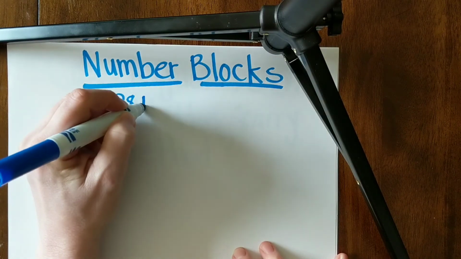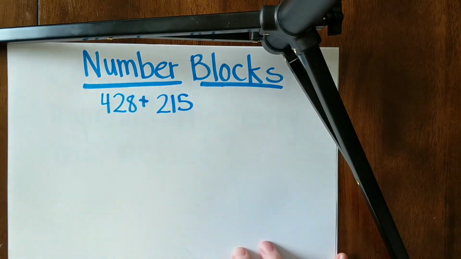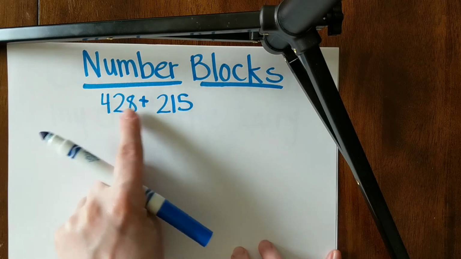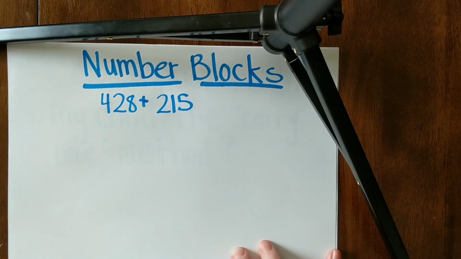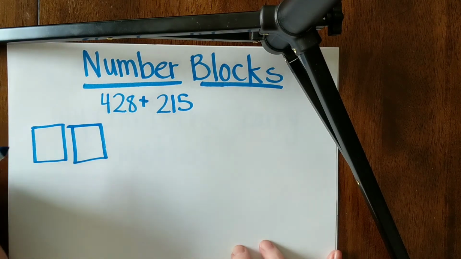So again, we have our problem here of 428 plus 215. In class, we've done a lot of work with base 10 blocks. They should know how to be able to draw each of those pictures with our base 10 blocks. So I'm going to start with my 428. Our hundreds blocks are big squares. So I have 4 hundreds.